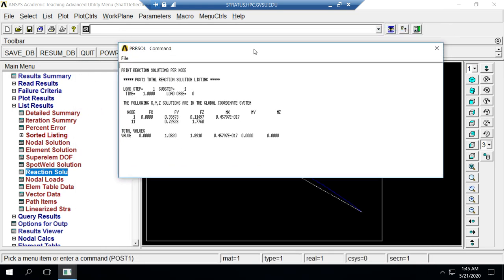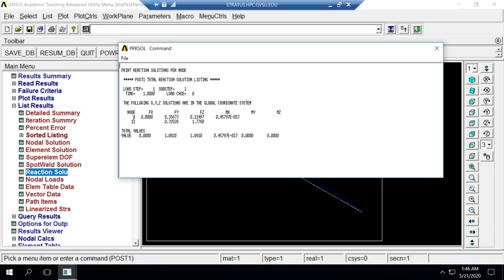On the left bearing, which is node 1, you see FX is 0, FY, my reaction in y direction, is 0.356. Remember, my unit in the ANSYS model was kilopounds, so this is basically 357. FZ is 115. I have moment in x, which is technically 0.